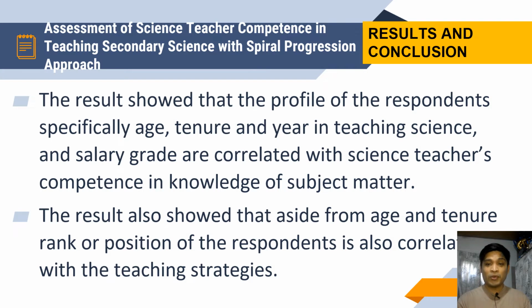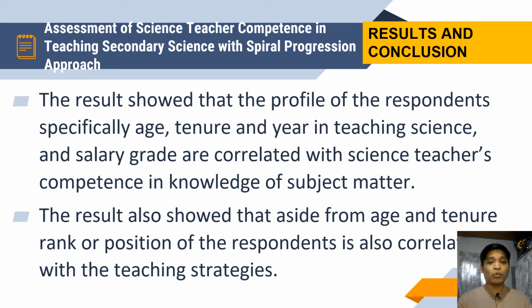As to the results and conclusions, the results showed that the profile of the respondents, specifically age, tenure, years in teaching science, and salary grade, are correlated with science teachers' competence in knowledge of subject matter.